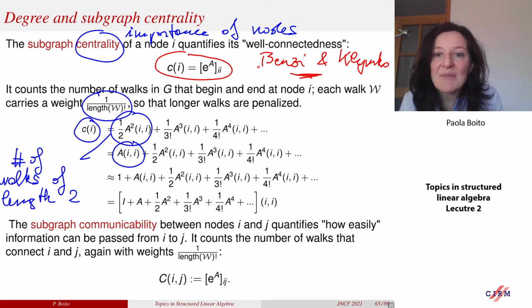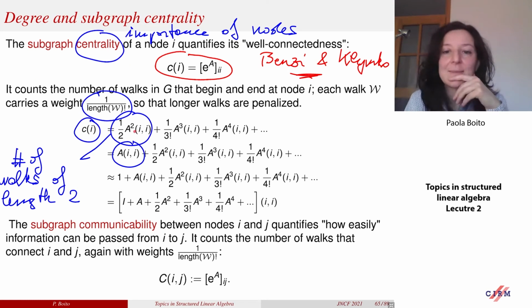So all of this is to say that the exponential of the adjacency matrix is useful in describing the properties of a network, of a graph. What we have seen is that the diagonal entries give us the importance score for nodes, at least in this model, in this interpretation.